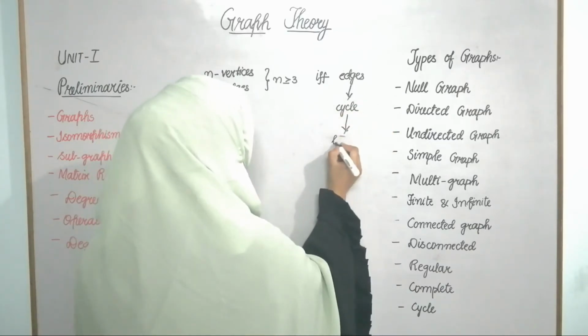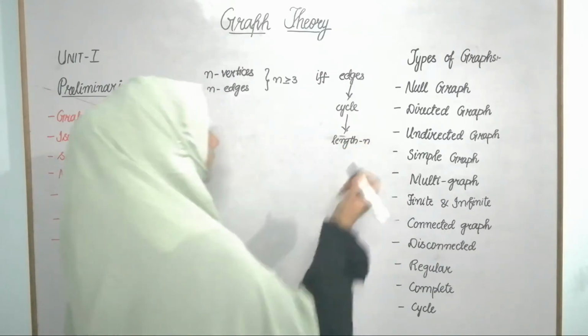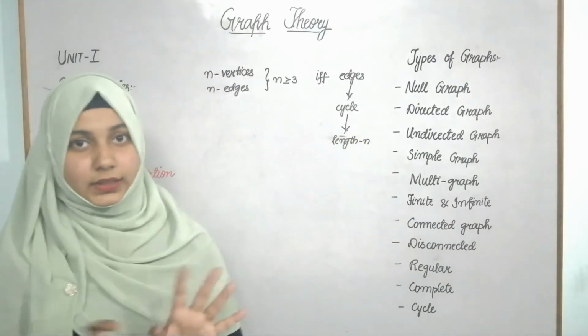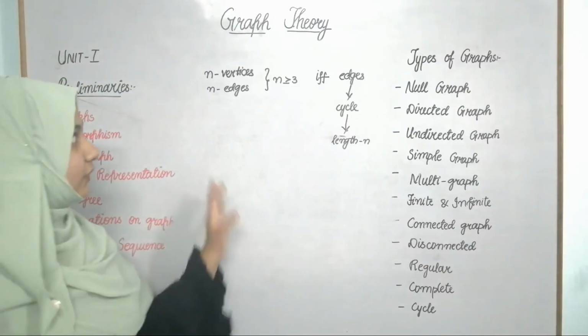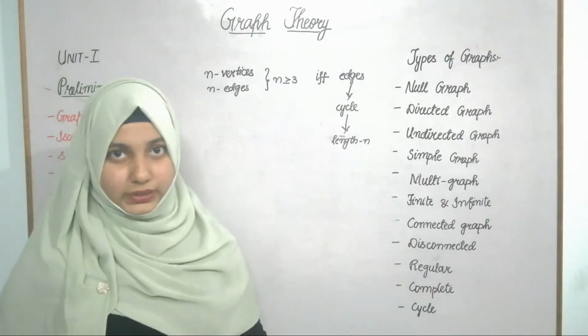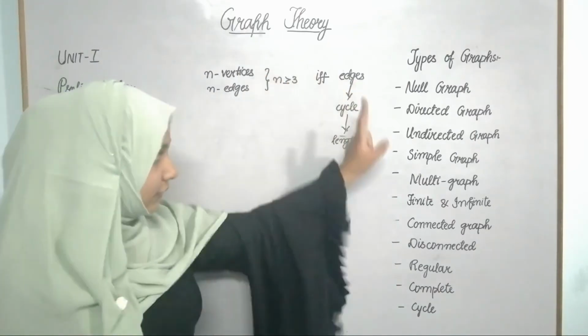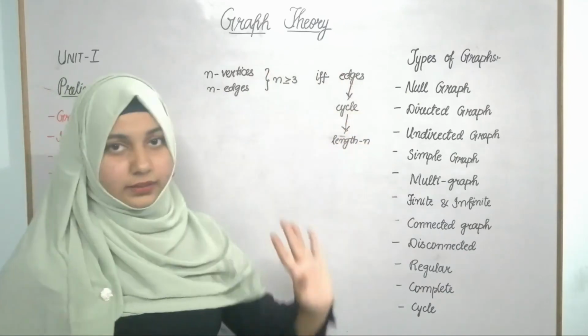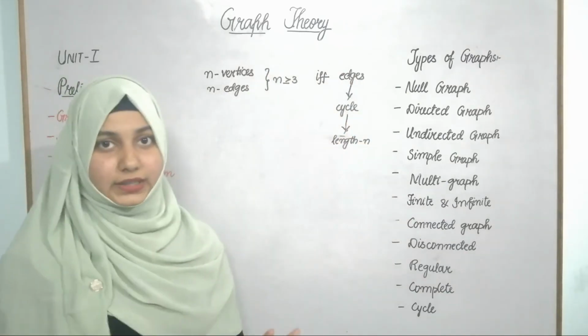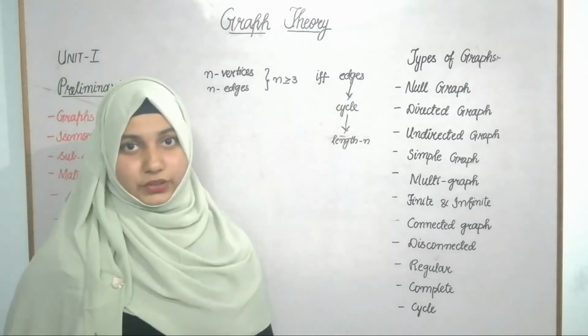I'll write here length n. ये और की definition हो सकता है. A simple graph that has n vertices and n edges where n is greater than or equal to 3 forms a cycle graph if and only if every edge forms a cycle of length n. Oh, sorry, not every edge, all the edges together form a cycle of length n. ये एक definition हो सकता.